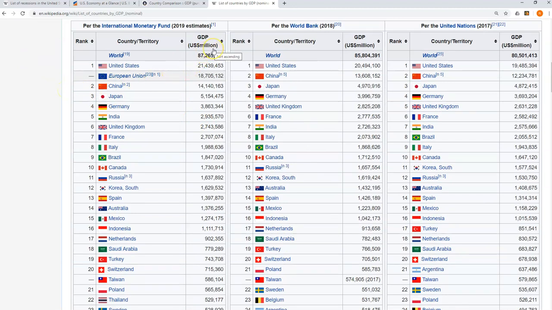Notice, by the way, that the number's in millions, which means we're missing 6 zeros after that. Okay? So this number is $21 trillion for the US. Now this number that you see here for 2019 or 2018 or 2017, depending on who you're looking at, is the nominal GDP number.